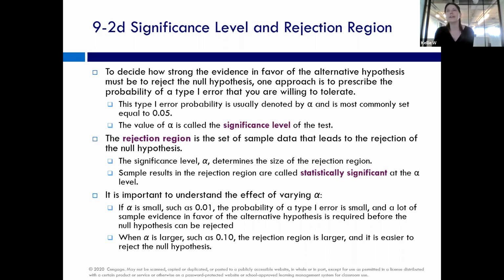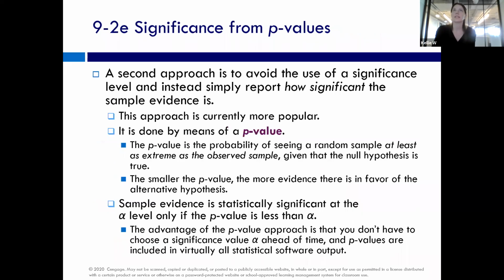A larger alpha, such as 0.1 or 10%, that's a really large rejection region, and we're getting into a territory where our evidence is strong, but we would be more likely to have that type 1 error and probably not be comfortable with it. Okay, so if our sample results are in the rejection region, they are called statistically significant at this alpha level. So we're looking for this significance.